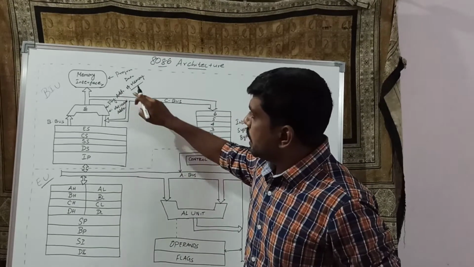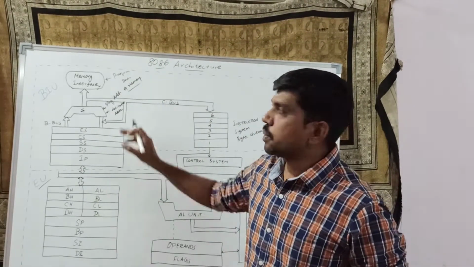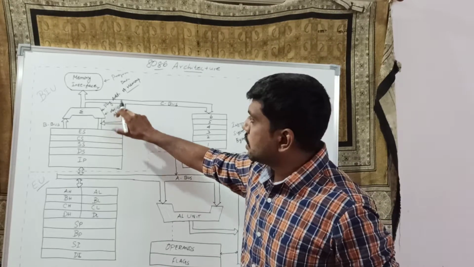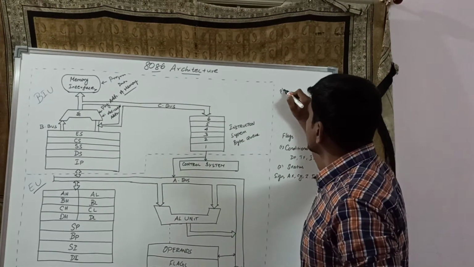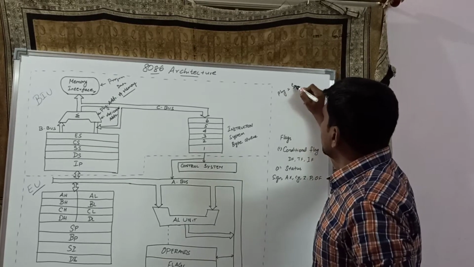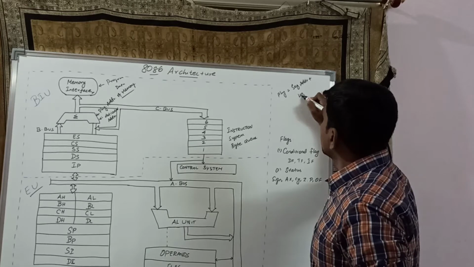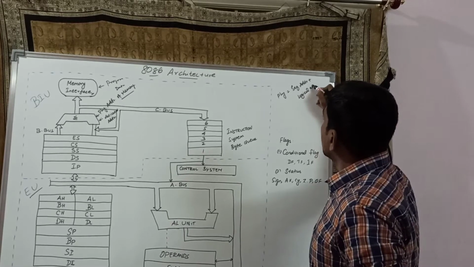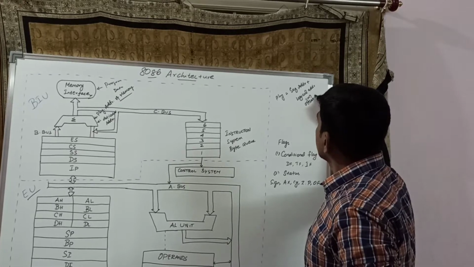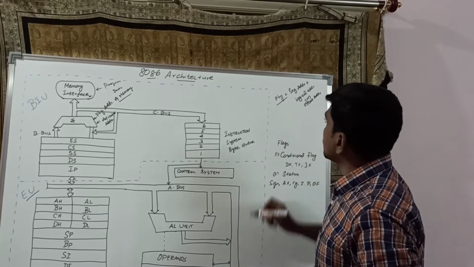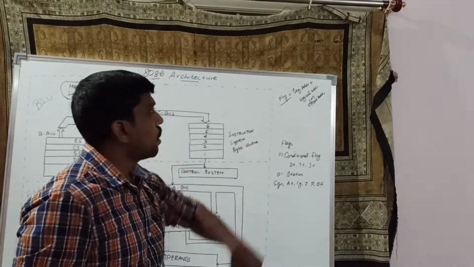Once you find the physical address, after that you can get the program or data. First you find the physical address. So what is the physical address? Physical address is equal to segment address plus logical address or offset address.